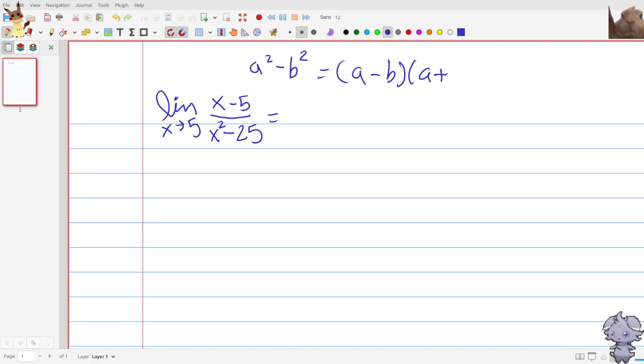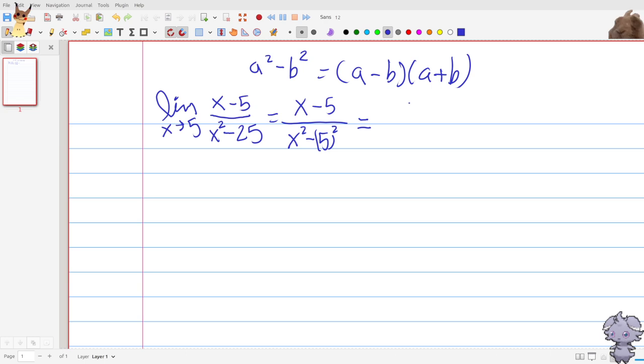This is called the difference of squares, a special formula for factoring. So x squared minus 25 is x squared minus 5 squared. We just rewrote the 25 as a square.